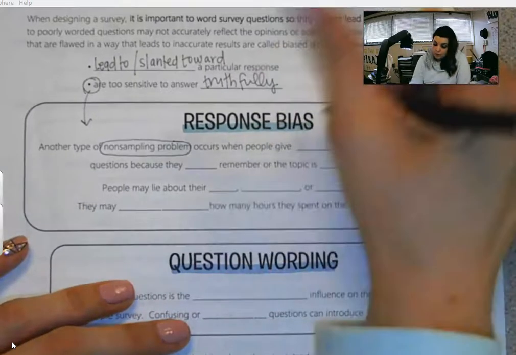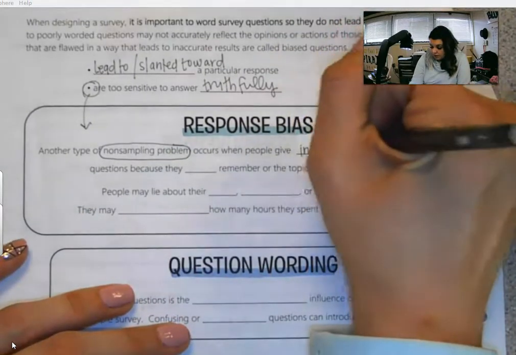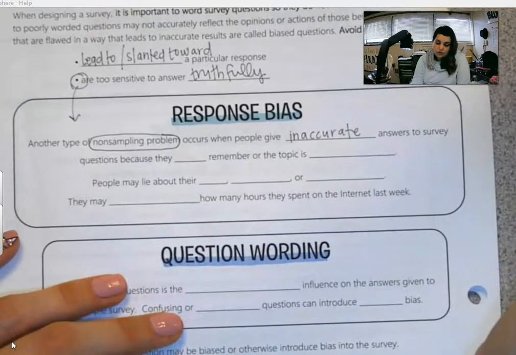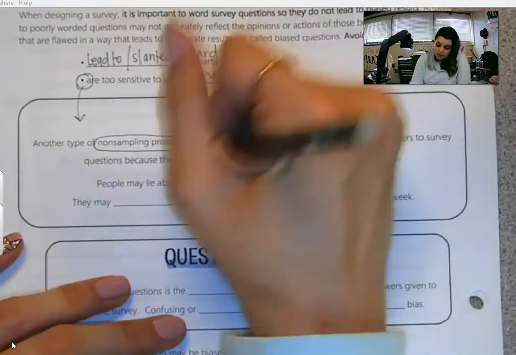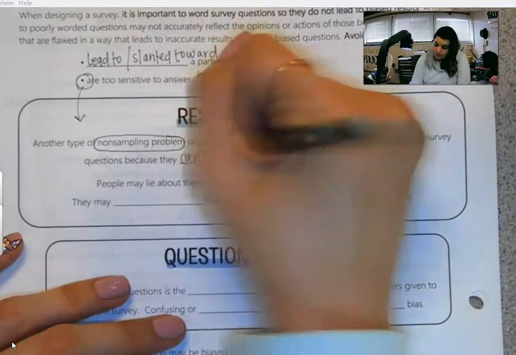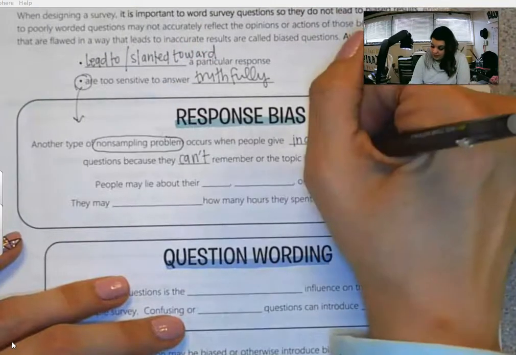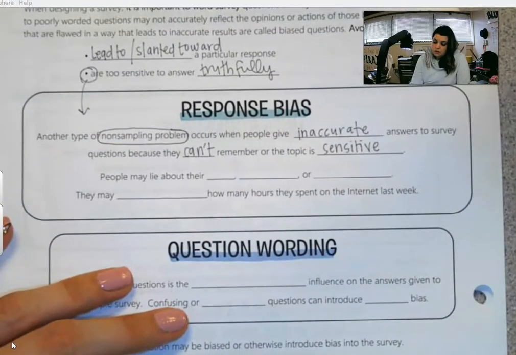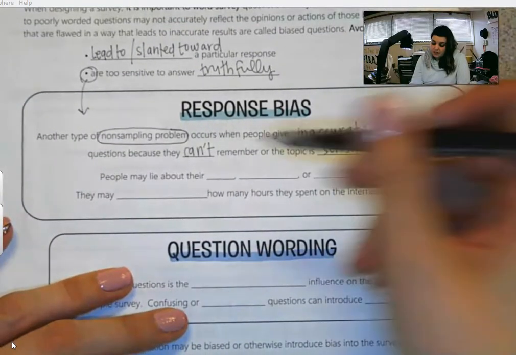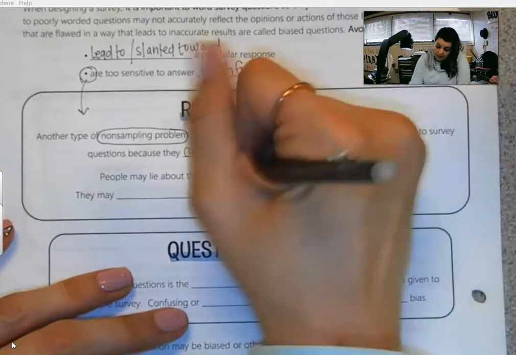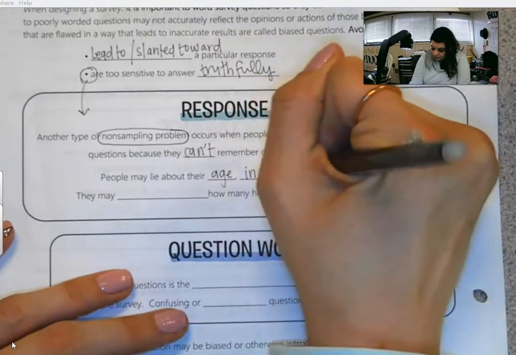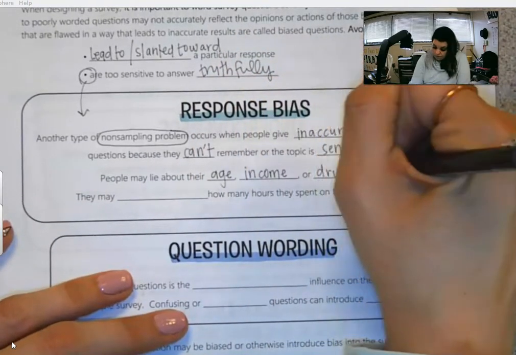This occurs when people give inaccurate answers to survey questions because they can't remember or the topic is sensitive. So some topics that are sensitive are that people may lie about their age, their income, or their drug use.